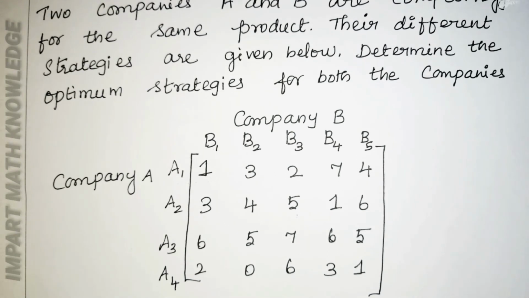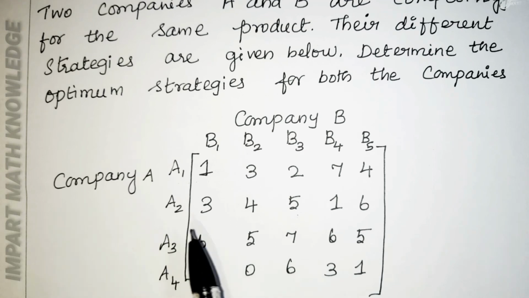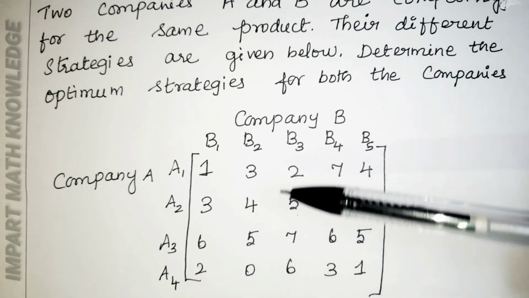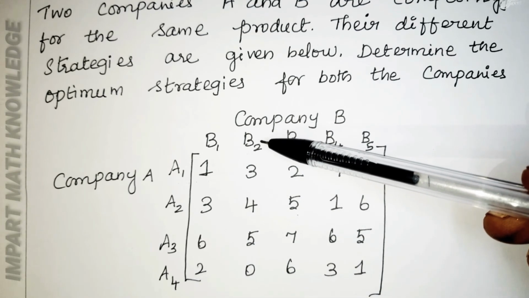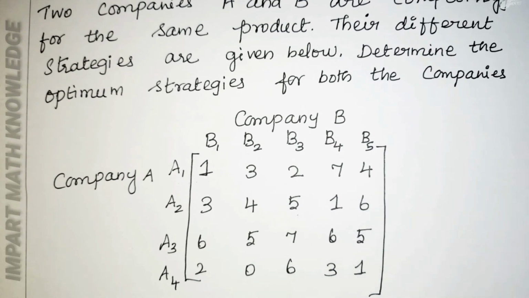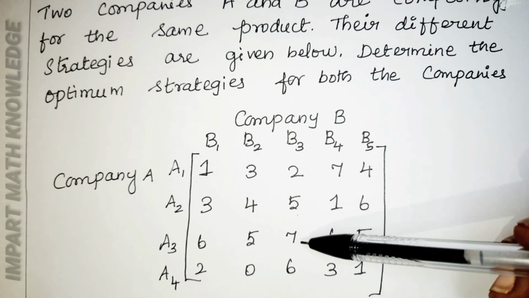A's gain is equal to B's loss. A is a gain player and B is a loss player. If company A uses the second strategy, their gain is 4 units. The same 4 units is a loss for company B if they use the second strategy. Similarly, if company A uses the third strategy, their gain is 7, and for B it is a loss.